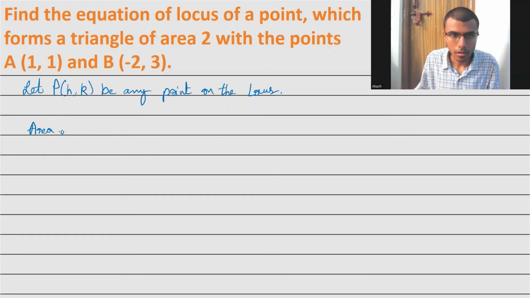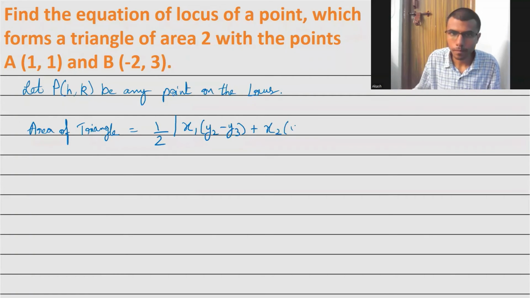Area of triangle is equal to half mod x1 into y2 minus y3 plus x2 into y3 minus y1 plus x3 into y1 minus y2.